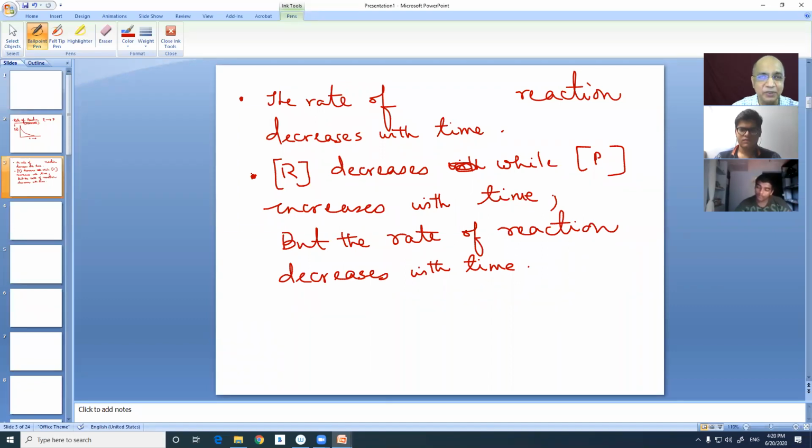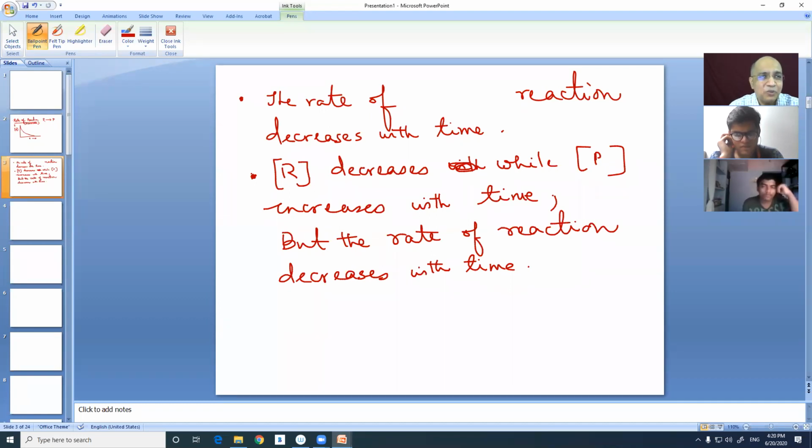Numerically decreases, whether it is a negative slope, while we monitor the decrease in the concentration of the reactant, and while we do the opposite, we monitor the increase in product concentration, the slope is positive, but still the magnitude of the slope goes on decreasing.